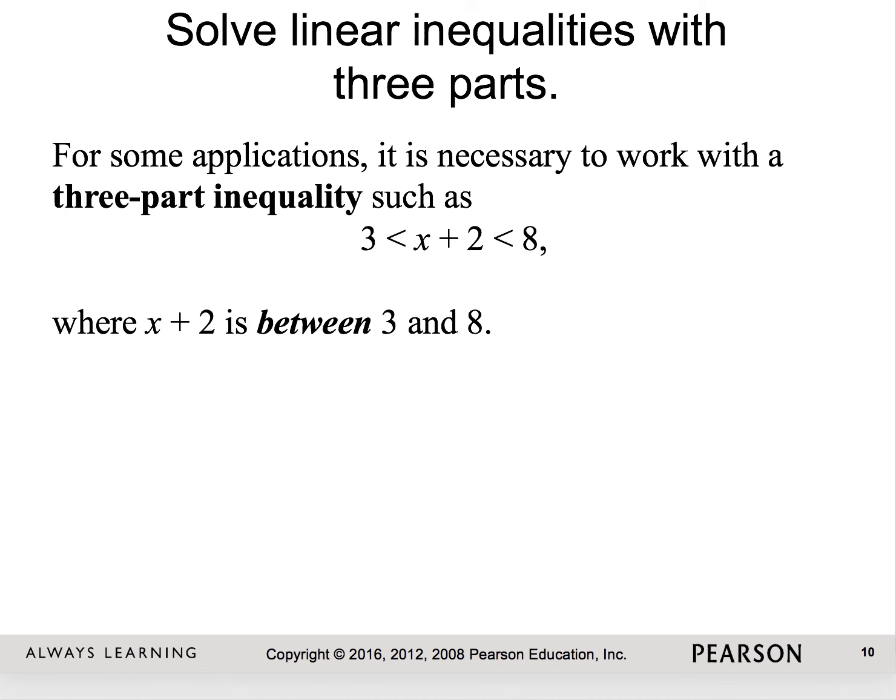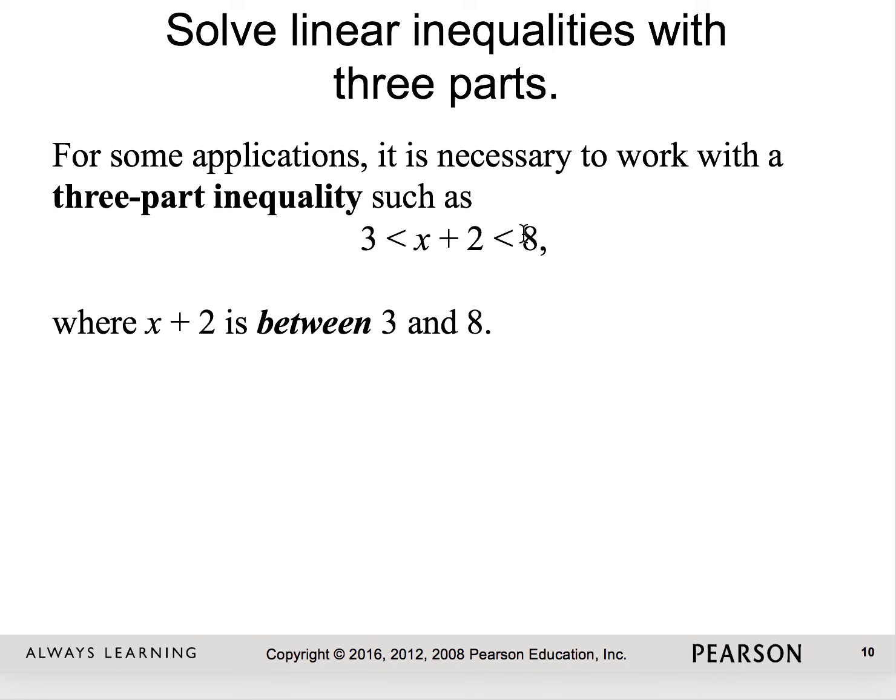I could also have a 3-part inequality, which is something we don't have with equations. Okay, so what this is saying is x plus 2 is in between 3 and 8. In other words, look at the direction of this sign. X plus 2 is bigger than 3, and at the same time, it's less than 8.